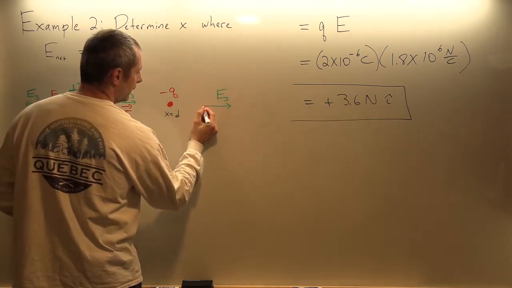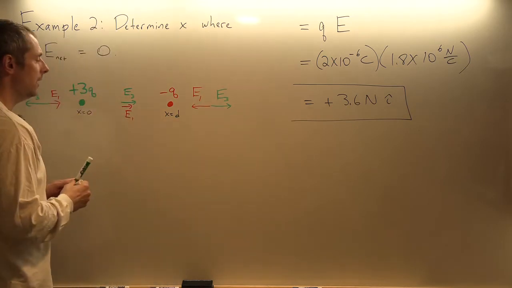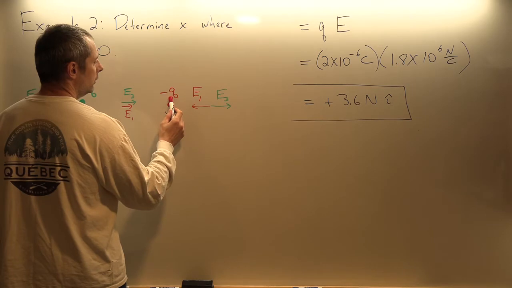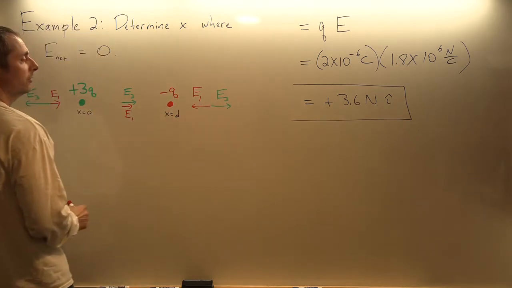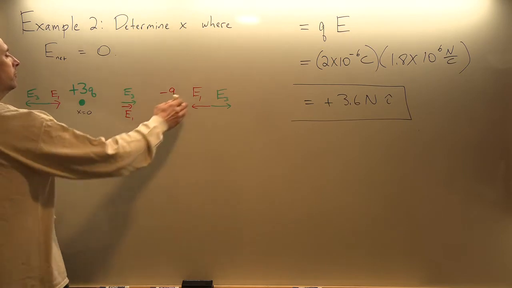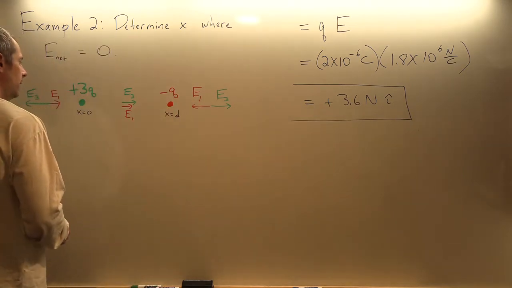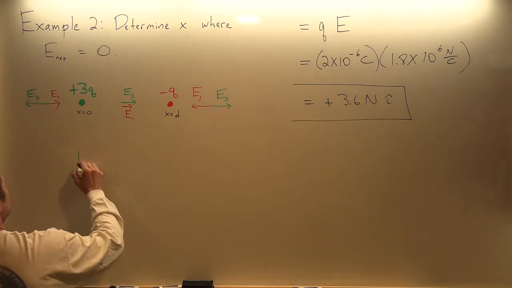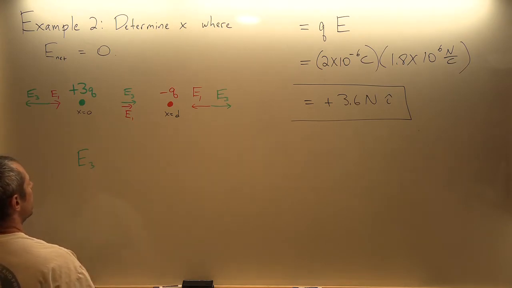So it would go like this, and only here is it possible for those arrows to be the same size, because the smaller charge is offset by a smaller distance than this distance. So that's the region. We will begin by saying that E3 in that area is equal to E1.